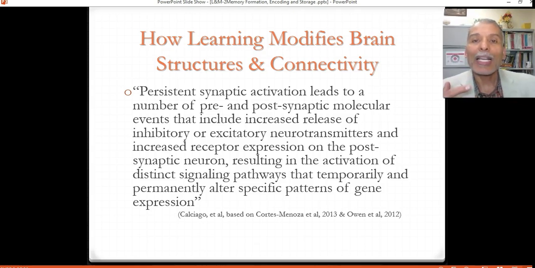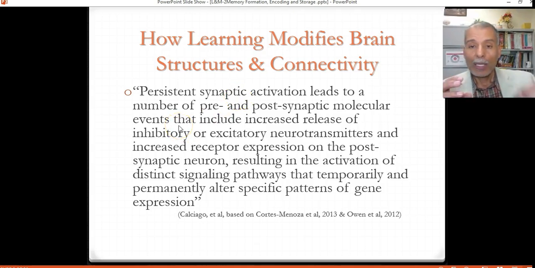Persistent synaptic activation through stimulation, like saying something to someone or teaching a child or speaking, communicating, anything that you engage in at all. Persistent synaptic activation means repeated experiences from the outside world lead to a number of pre and post synaptic molecular events.